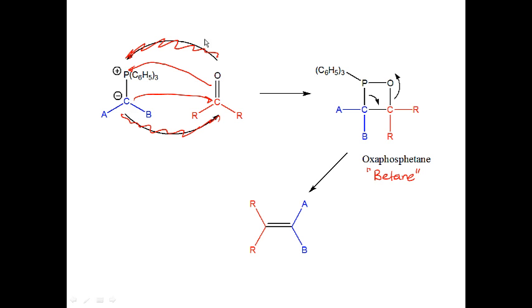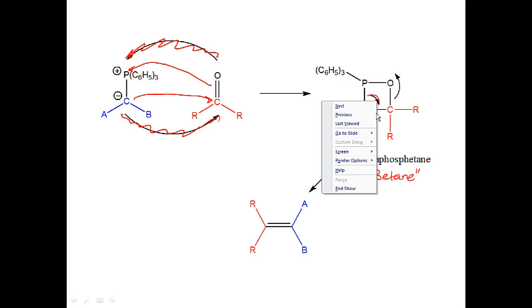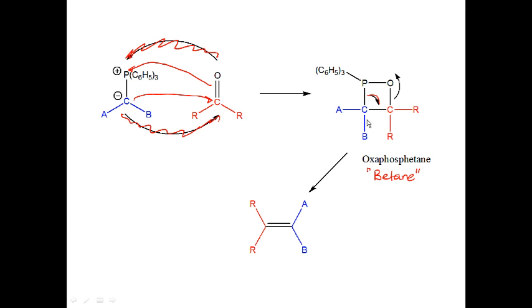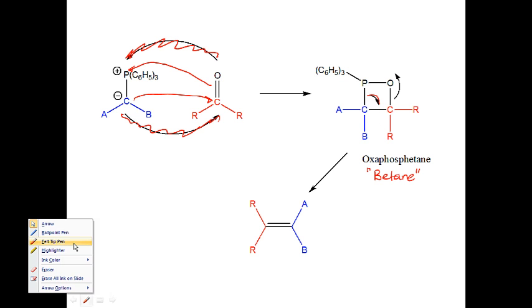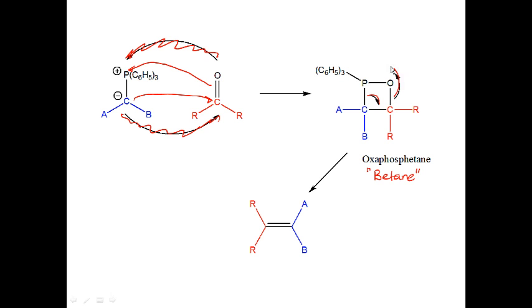My arrows are better. Once you form this oxaphosphetane or this betaine, we move the electrons around. We break the carbon-phosphorus bond, move this pair of electrons here to form the C=C bond, and then take this pair of electrons from the carbon-oxygen bond and give that to the phosphorus. One of the side products here is triphenylphosphine oxide.